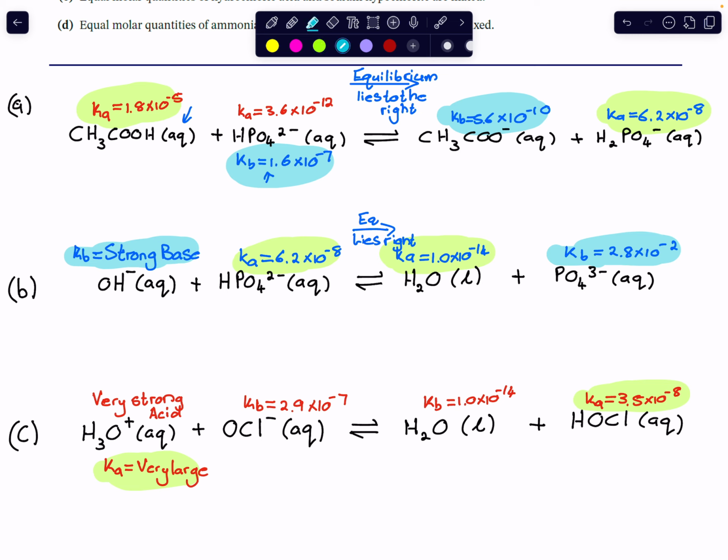If we look at the Kbs, the Kb of the hypochlorite is much larger than that of the water. So hence, the left-hand side is the stronger situation, and it will drive the equilibrium to the right.